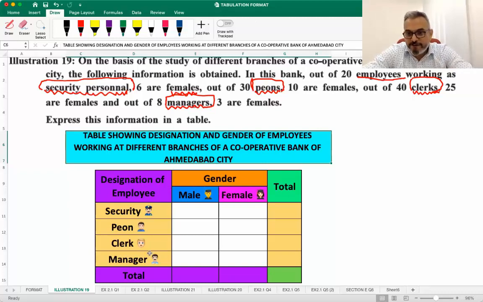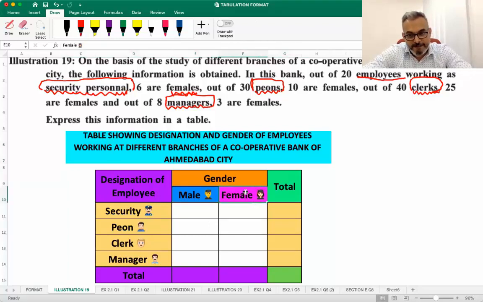Now, once the format is done, we go one by one. See, male, I've given blue color, female, I've given pink color. Now, let's start reading. Here you have to read and write, read and write. Now, in this bank, out of 20 employees working as security personnel, so security के total person कितने हैं?